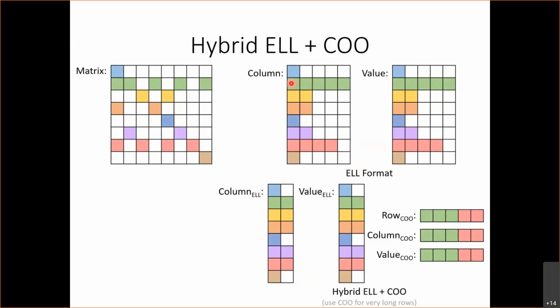One thread does the first half, the other thread does the other half. So partitioning a row is slightly different from having a partial ELL row and then the rest of the elements in COO, because COO doesn't have the concept of elements of the same row anymore. These elements could be in any order in this array. Okay, I see. Thank you. Yeah, you're welcome.